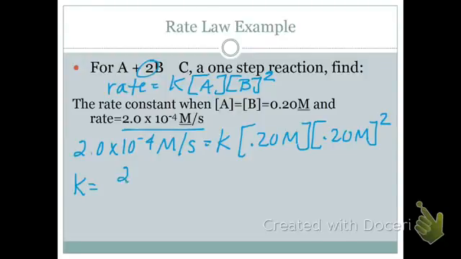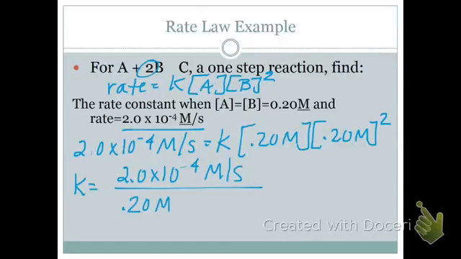Okay, so we're going to solve for K. So we're going to have 2.0 times 10 to the negative 4 molarity per second divided by 0.20 molar times 0.2 squared molar squared. Okay? So someone has calculators, I hope.